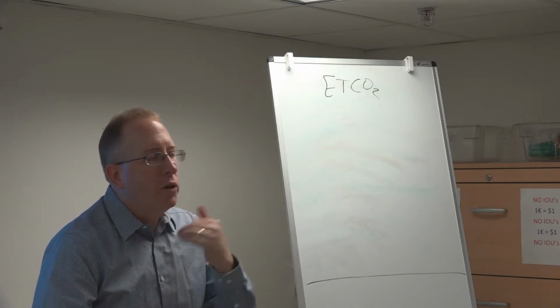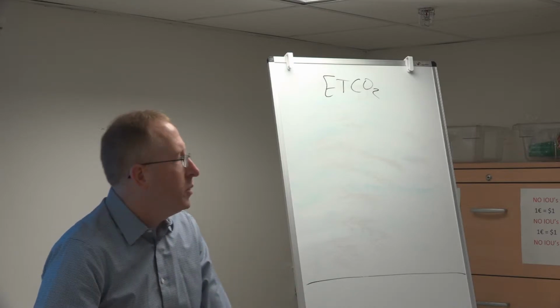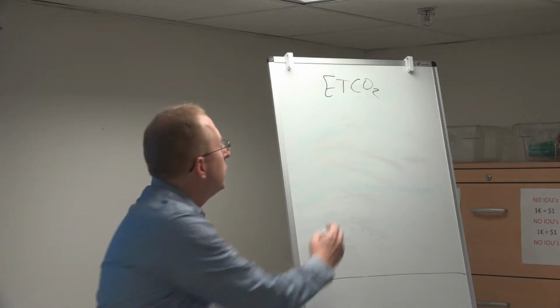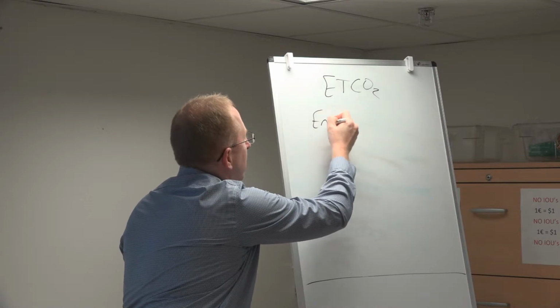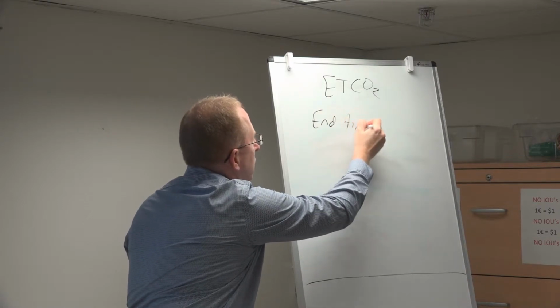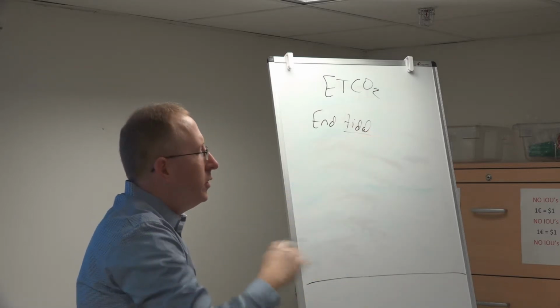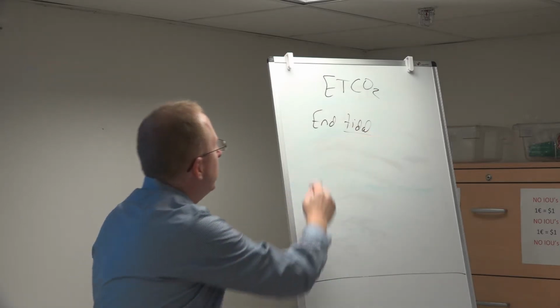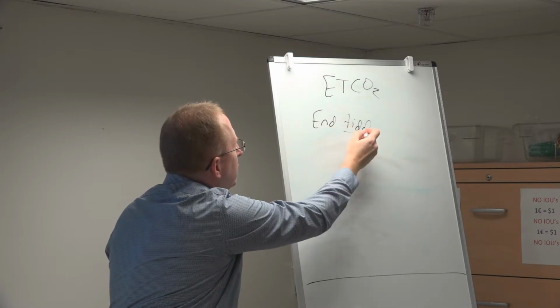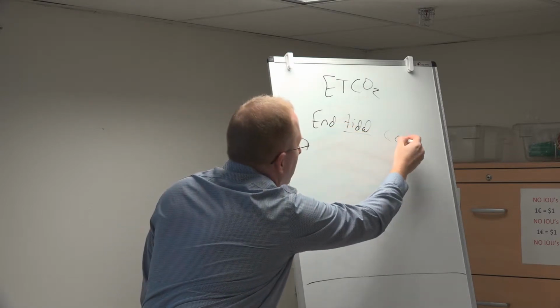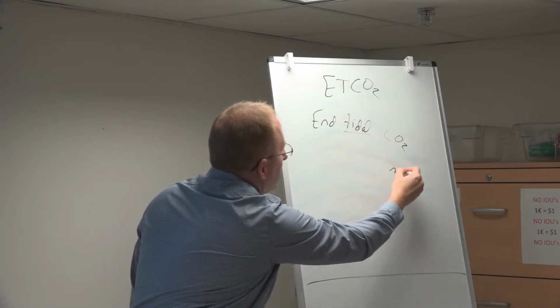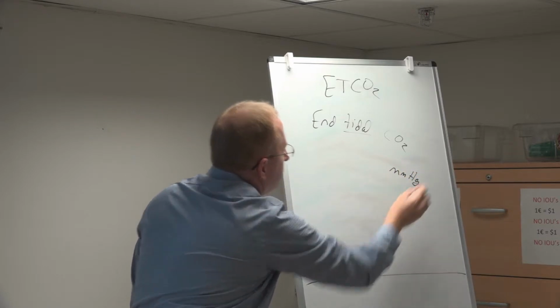So as you breathe out, you're breathing out a certain amount of carbon dioxide. So ET specifically stands for end-tidal, because tidal refers to the breathing in and out motions. So at the end of the breath is the end-tidal and the amount of carbon dioxide. And this is measured in millimeters of mercury.